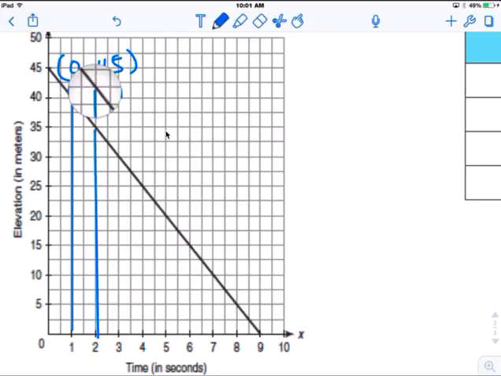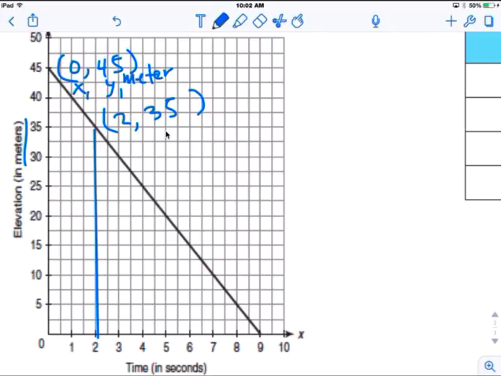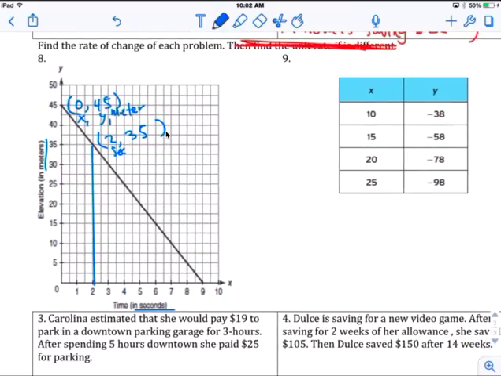Let's use 2, it gives me more room. 1 is crowded over the other one. 2 and 35. 35 meters. And this is seconds. Okay, your y is your meters. Your x is your seconds.